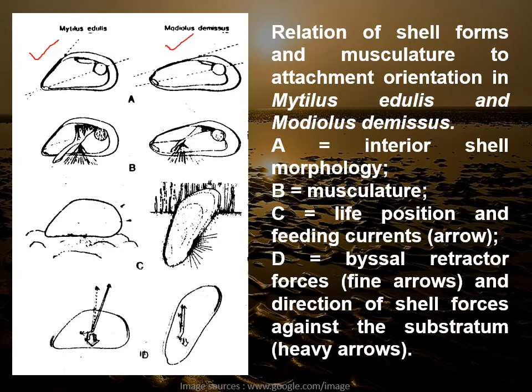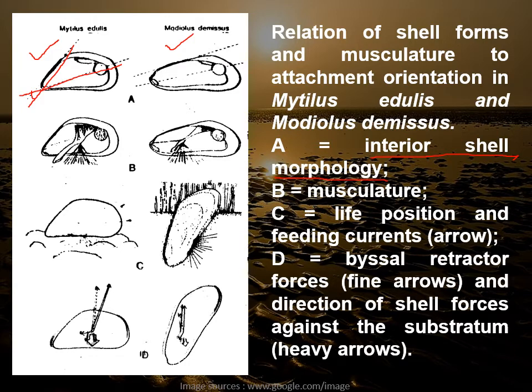The first change is the interior shell morphology. The position of the musculature, the position of the adductor muscle scar, the position of the byssal glands are changed. In the epifaunal case, as we already learned, the hinge line and muscle line make an acute angle.